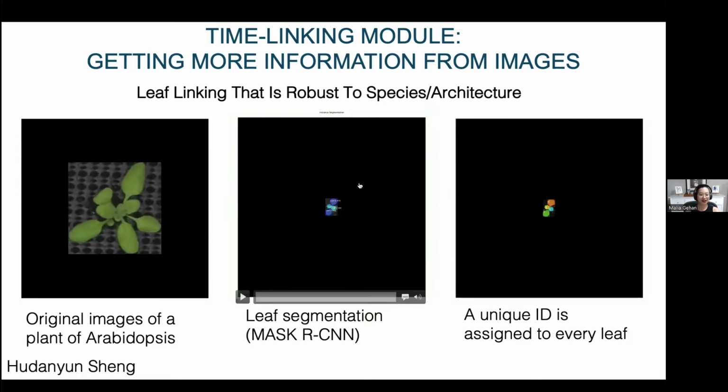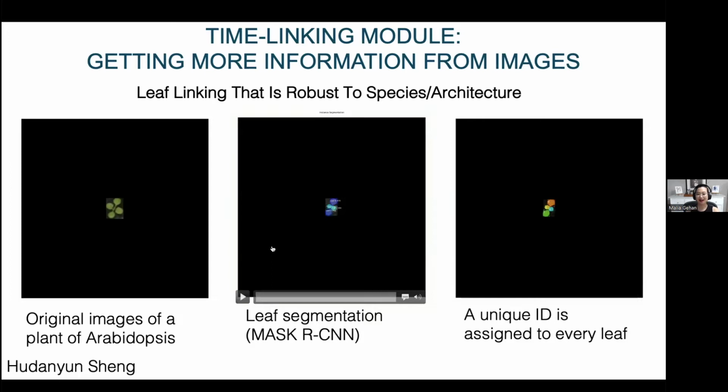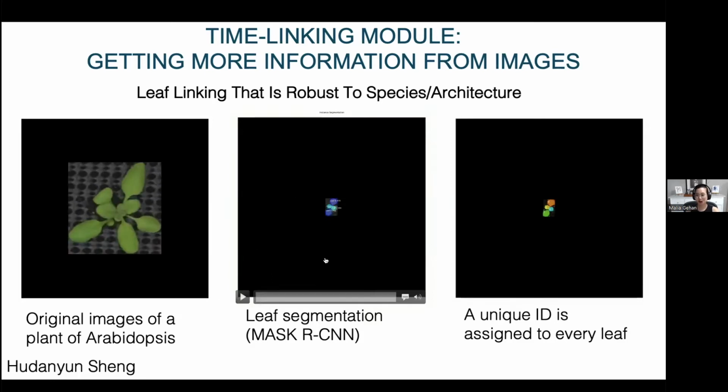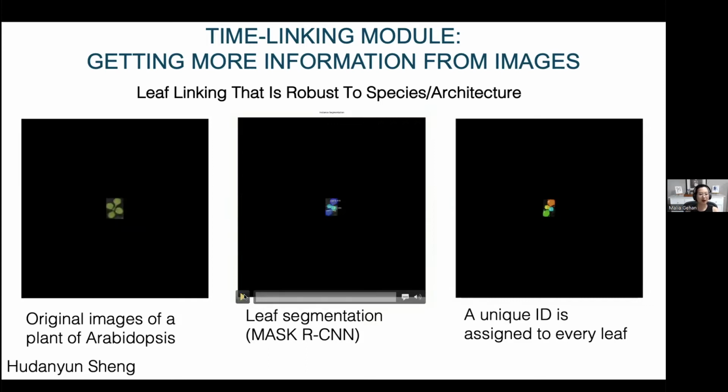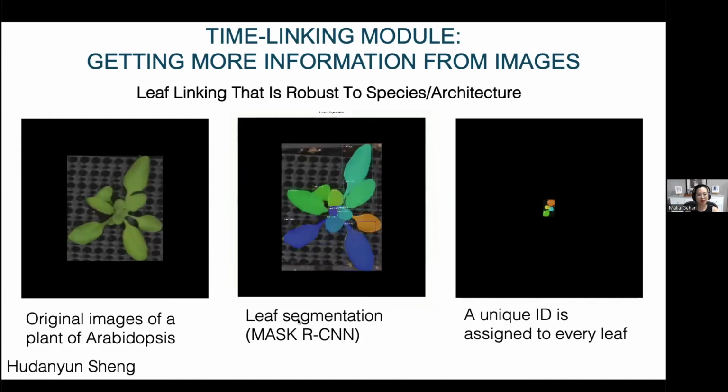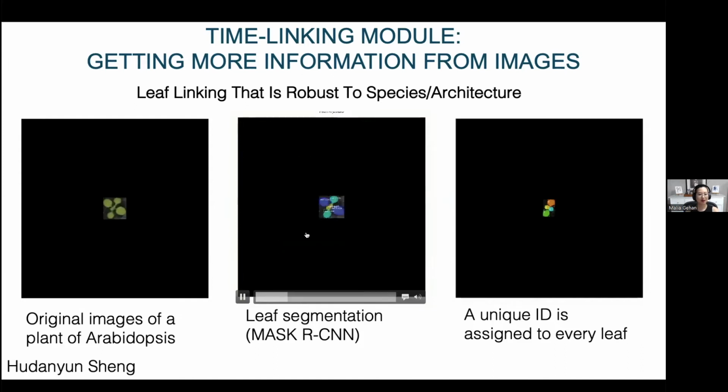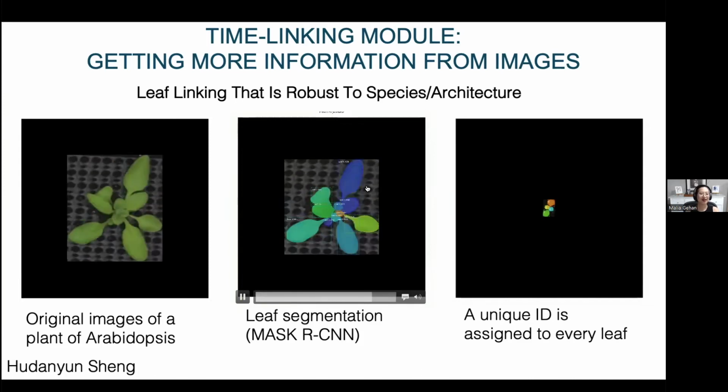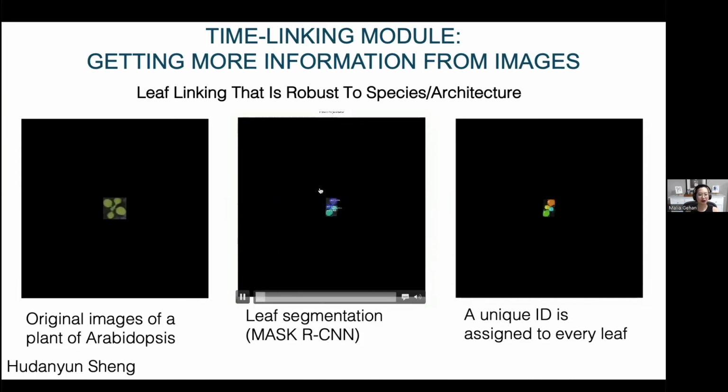This second panel is using a convolutional neural network to do leaf segmentation, and this does require training data. But a lot of labs have shown that you can use this Mask R-CNN approach to segment leaves, and this again requires training data to use this convolutional neural network.